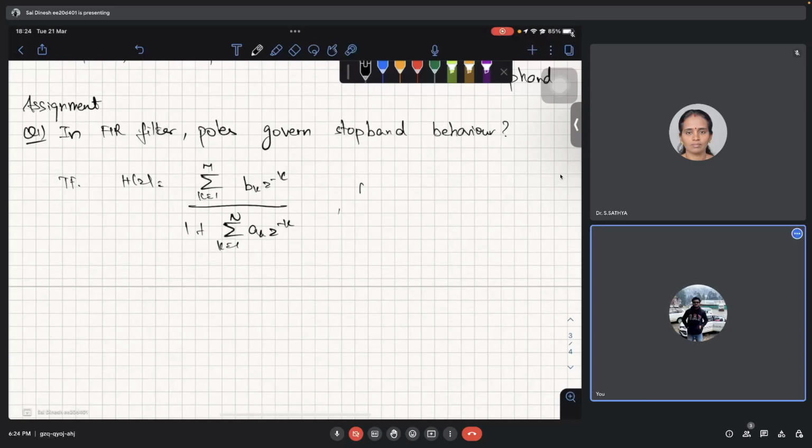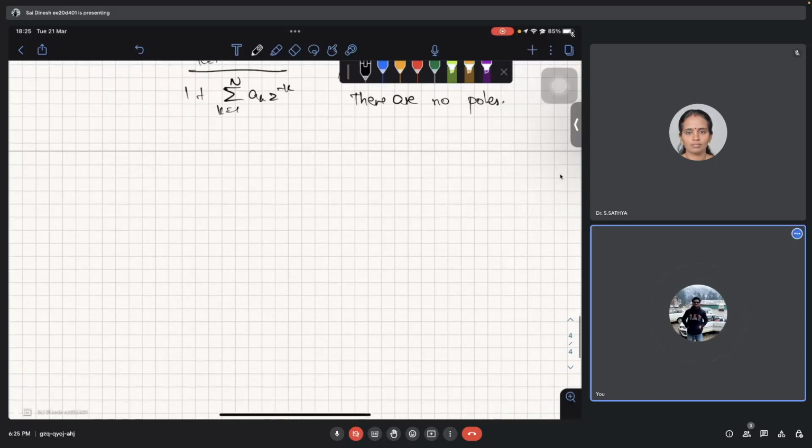But for FIR, N equal to 0, right? So there are no poles. Okay, yeah. So next is question 2.